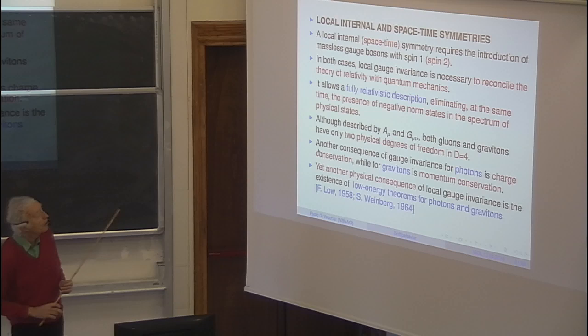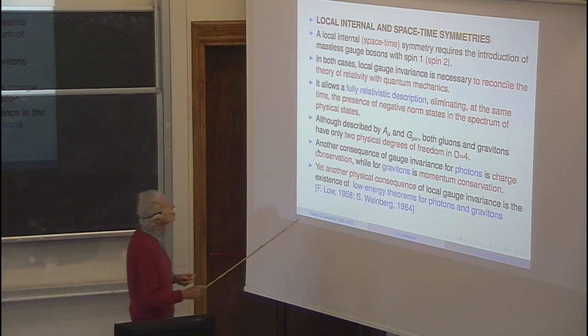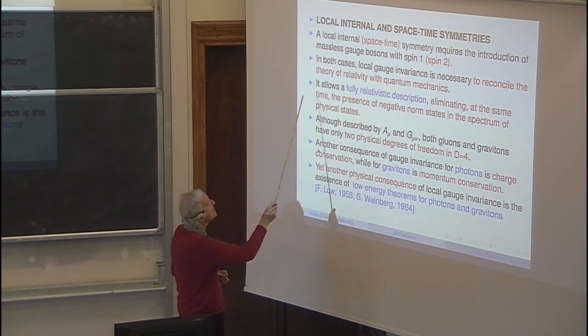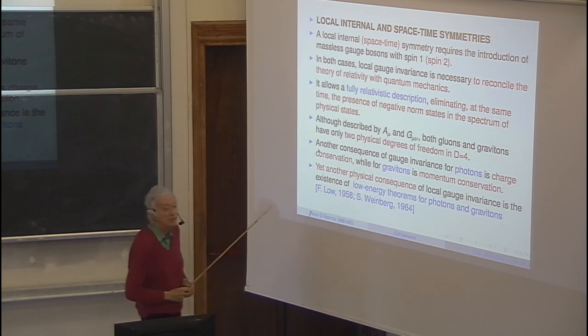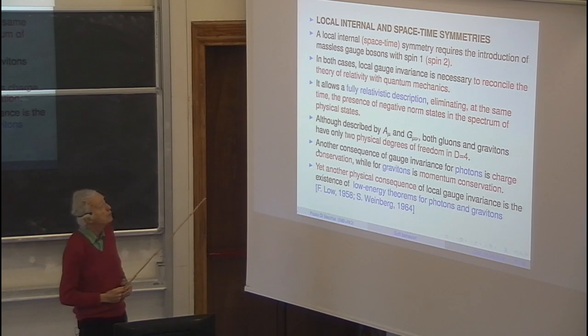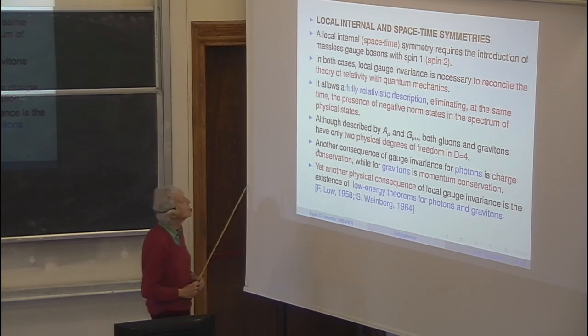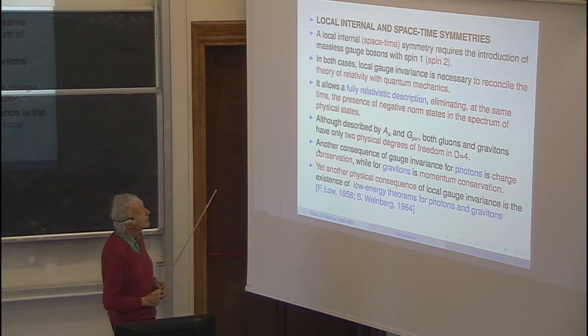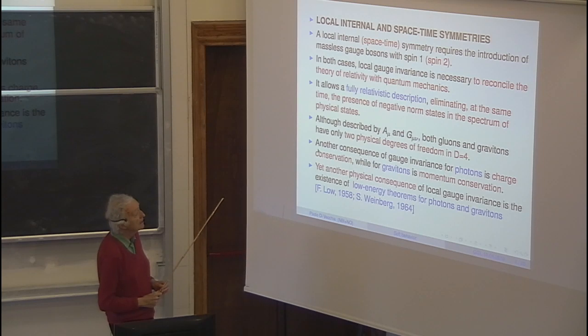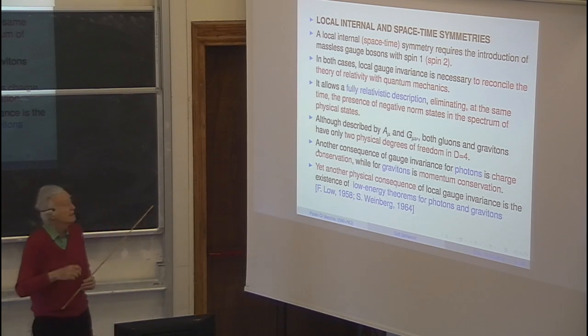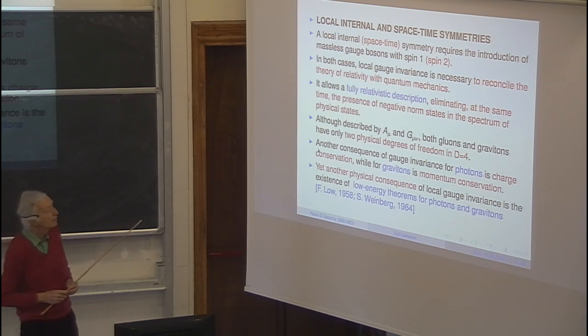Then you have local internal and space-time symmetries. A local internal symmetry requires the introduction of a massless gauge field with spin 1. And if you have a space-time symmetry, you need to introduce a spin 2. In both cases, local gauge invariance is essential to reconcile the theory of relativity with quantum mechanics.